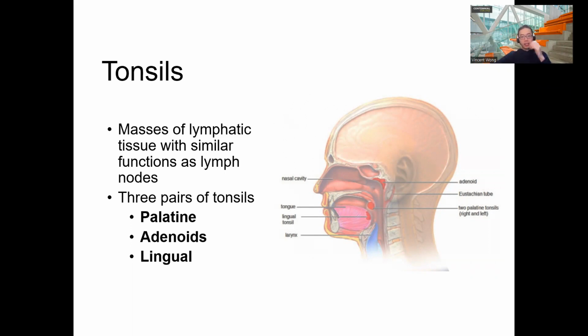And this is a mid-sagittal view of the head. So if you cut the head this way and you look at it from the side, we can see that there is the adenoid. Oh, where's my pen? There are the adenoid tonsils. It's really, really far back. You won't be able to see that. When you do your COVID swab, you stick the, what do you call that thing?